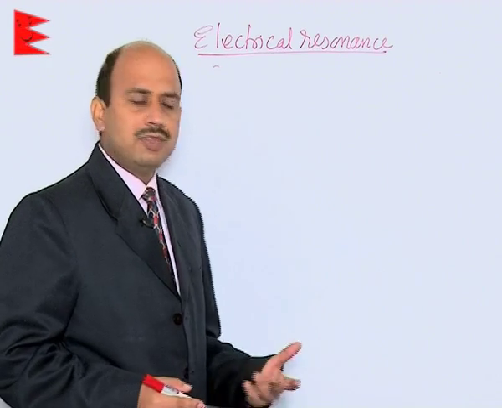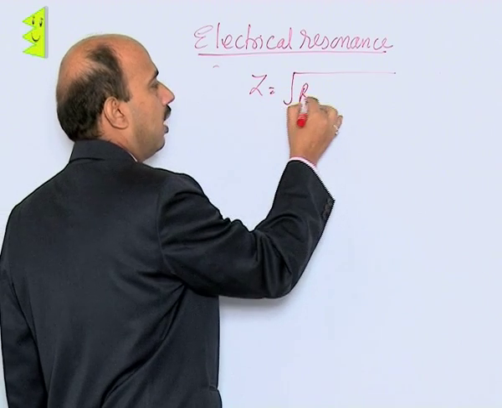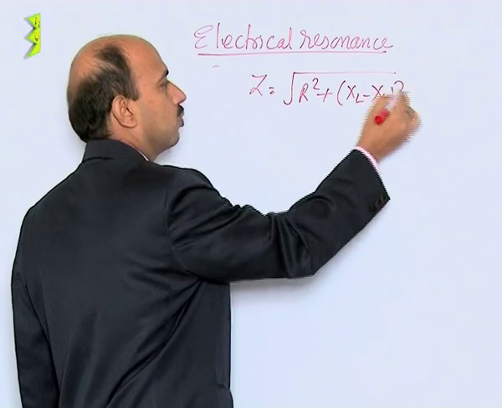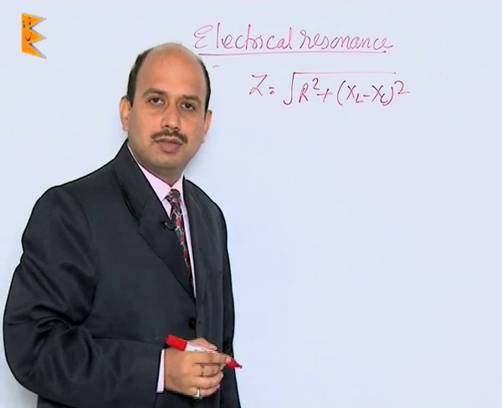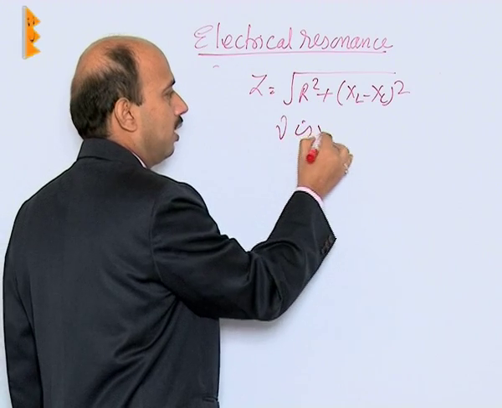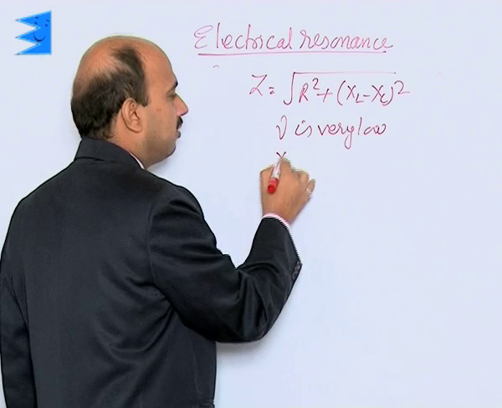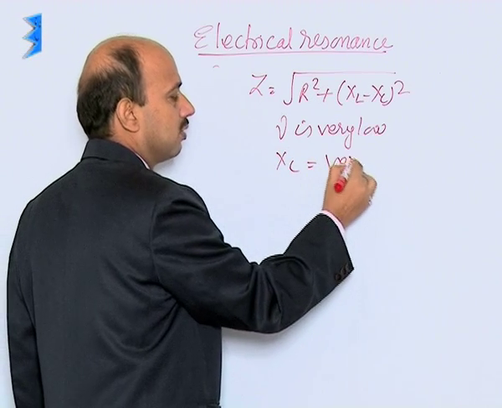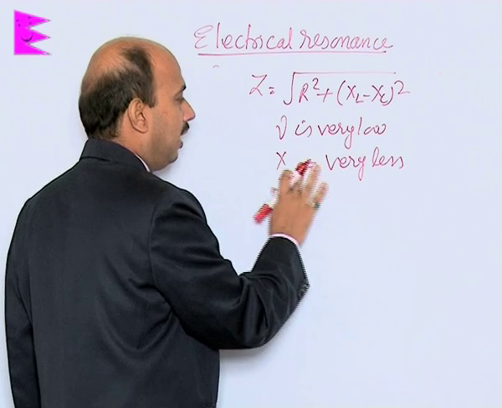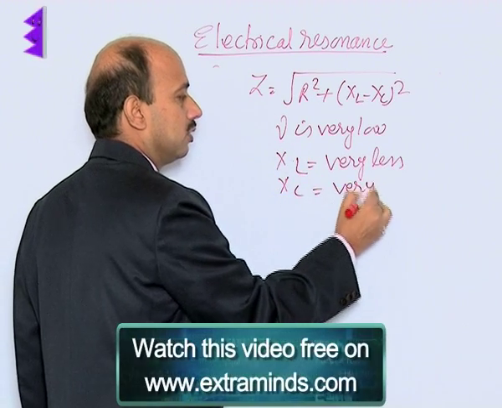Now see here, in the LCR circuit, Z is equal to the square root of R square plus (XL minus XC) whole square. This is the impedance offered by the LCR circuit. Initially, when the frequency nu is very low, XC is very large and XL is very small.